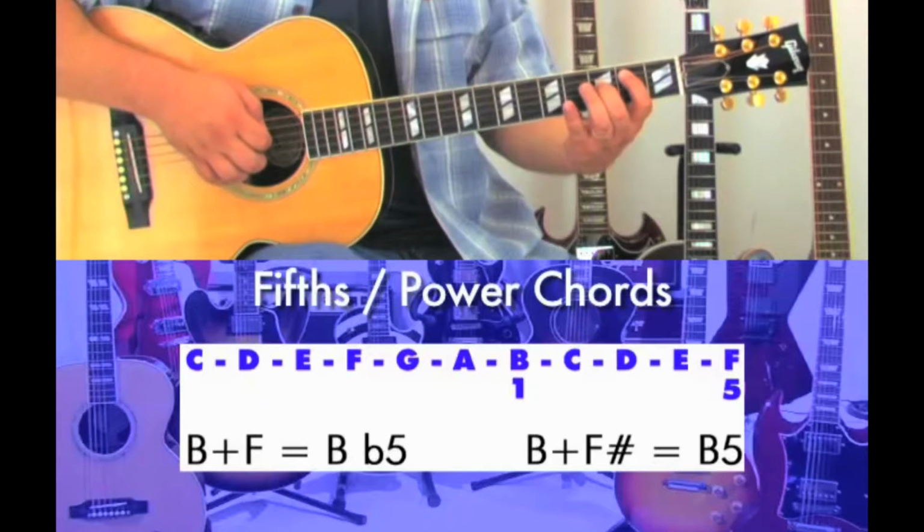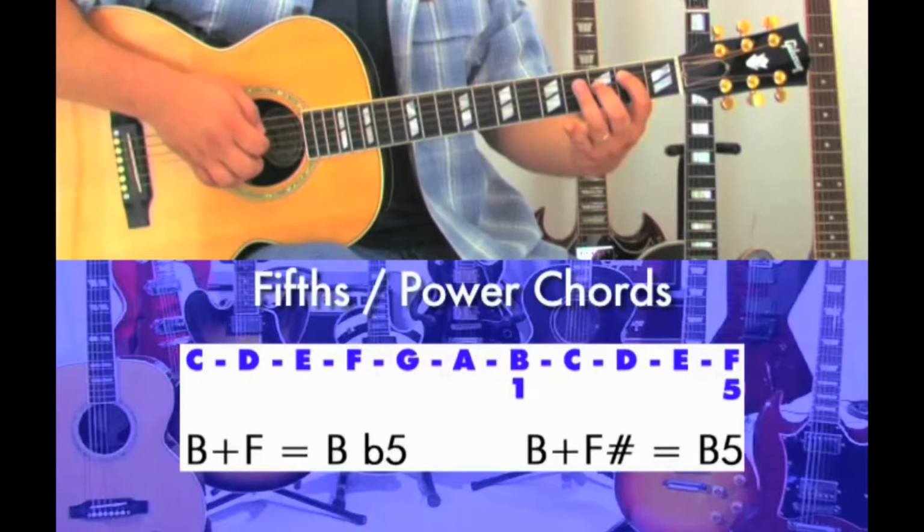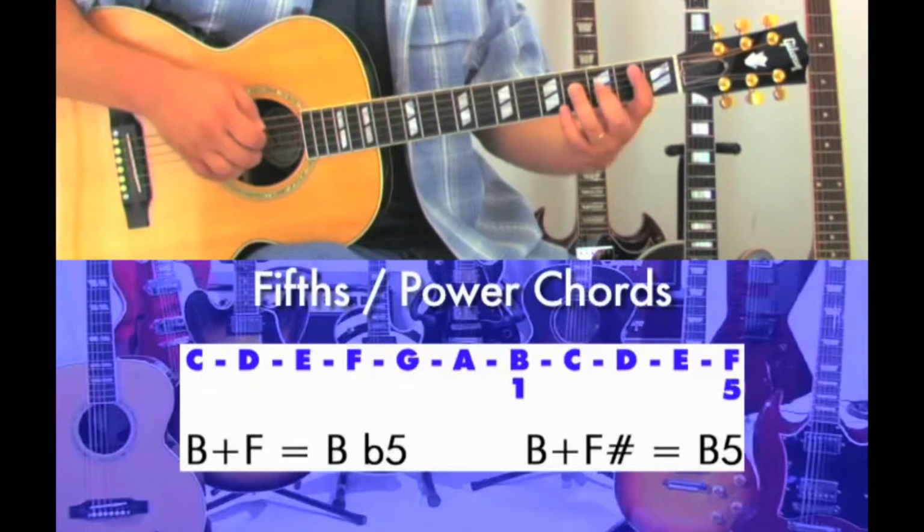B plus F equals a B diminished because the F note is a flat 5, or diminished fifth, above the B note. It is often altered to a B5 chord by raising the F, or flat fifth note, up to an F sharp.